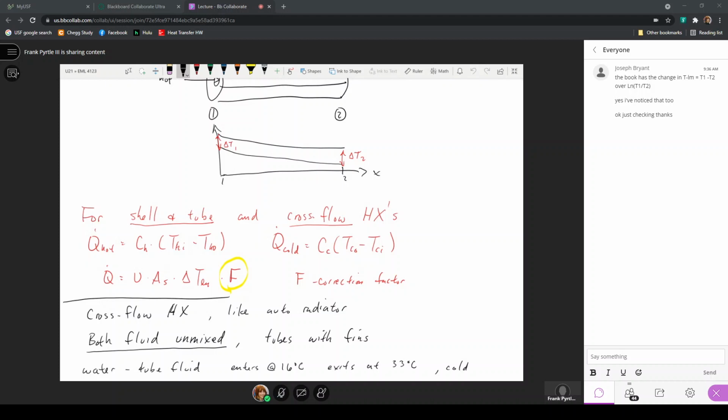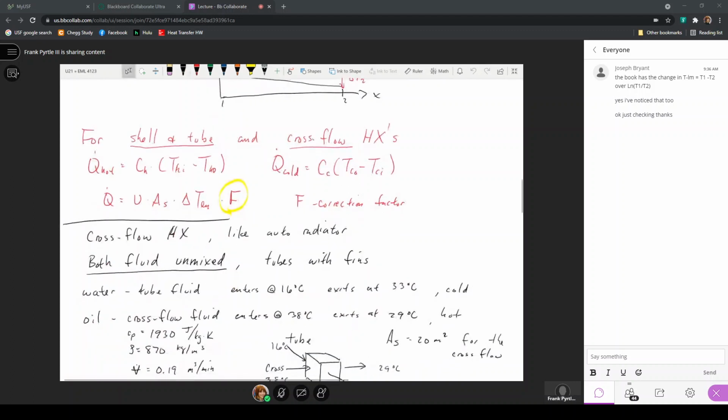So in order to use these three expressions, the amount of heat transferred out of the hot fluid and the amount of heat transferred into the cold fluid stay exactly the same, but this expression for the heat transferred between the two just requires a correction factor, and that correction factor is going to be a function of the properties associated with the particular fluids and the heat exchanger arrangement.